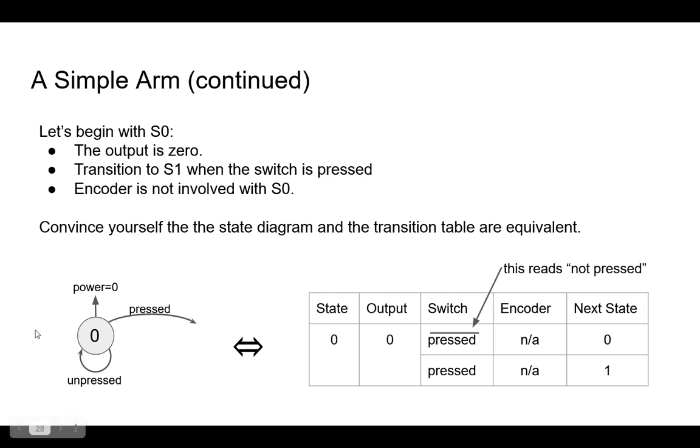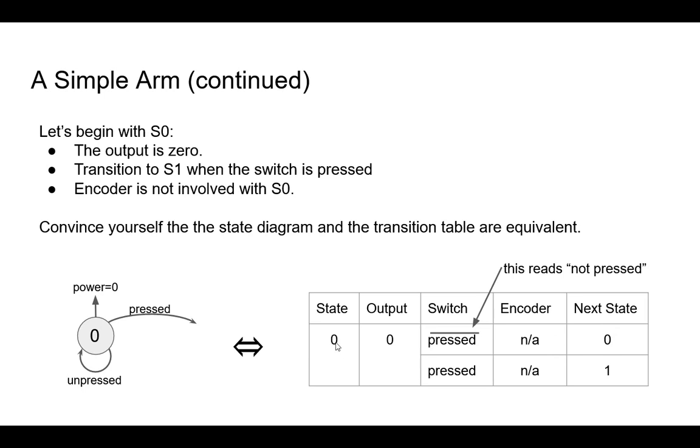Here is a state, and that's called state 0. Its output is 0. This reads not pressed. So press with a bar over it is not pressed. And then pressed without the bar is, of course, pressed. We don't look at the encoder, so we say not applicable, or NA, and then we will talk about the next state.